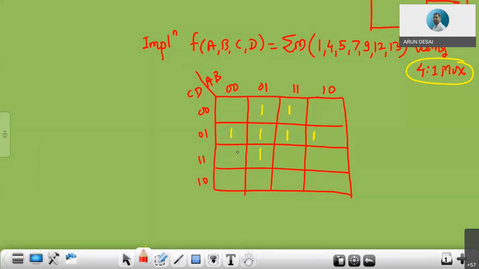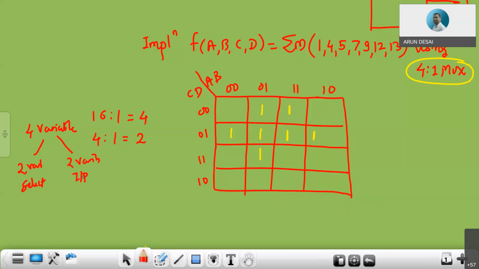Since in 16 to 1 total 4 select lines are present, and for 4 to 1 there are 2 select lines. So from those 4 variables, we can use 2 variables for select lines and 2 variables for input, right? 2 variables for select line and 2 variables for input.